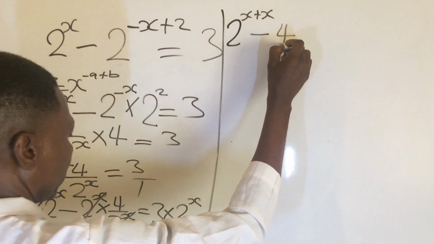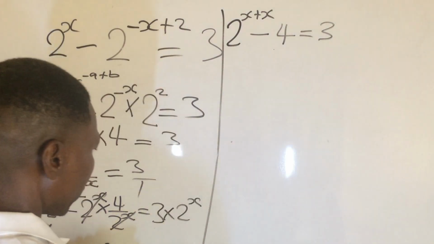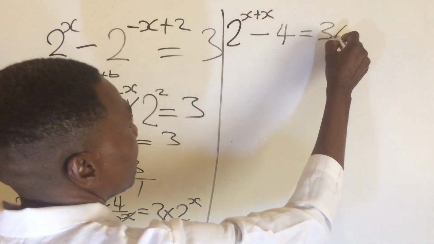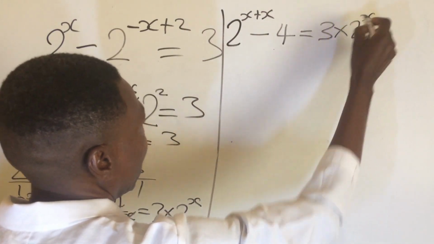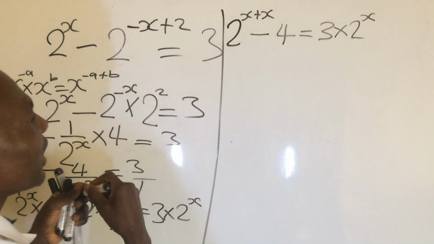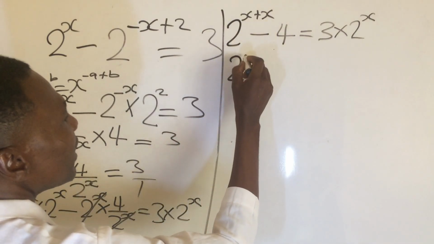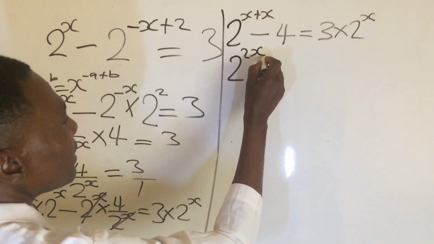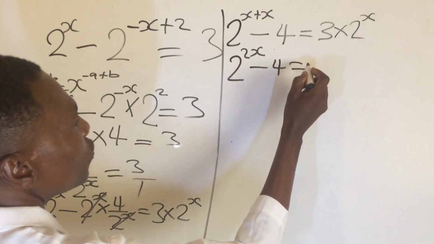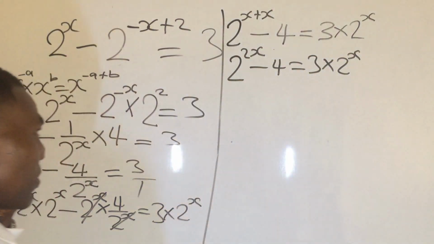Minus 4 equals 3 times 2 raised to power x. Now 2 raised to power x plus x is 2x, so we have 2 raised to power 2x minus 4 equals 3 times 2 raised to the power x.